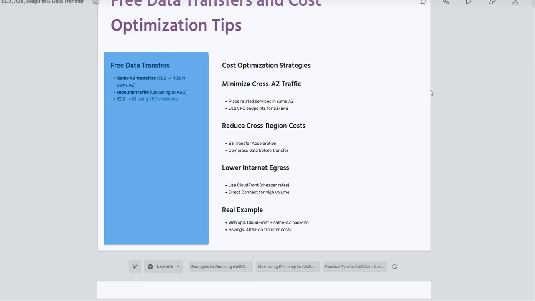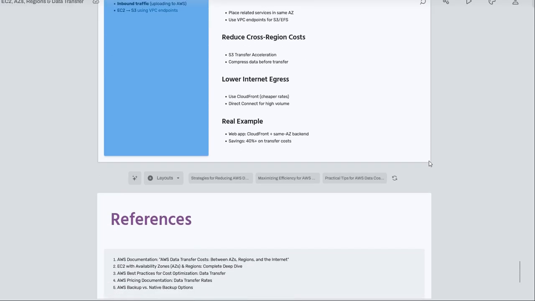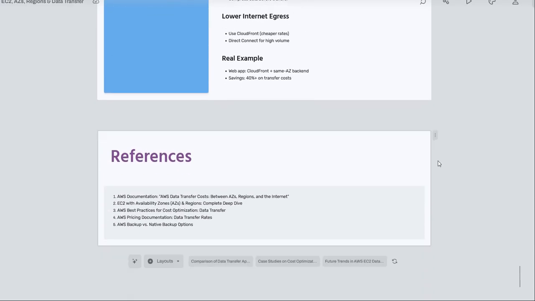So savings of 40% plus on transfer cost. You can use these as references.